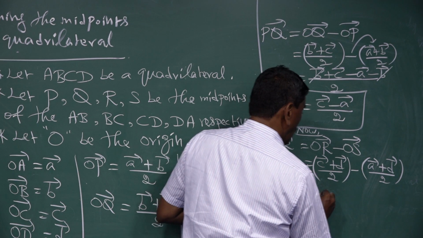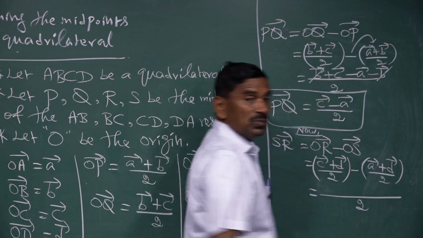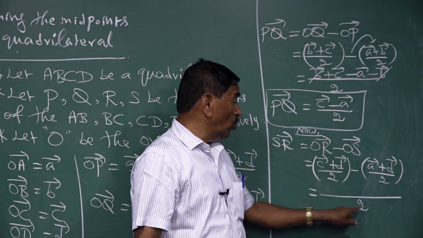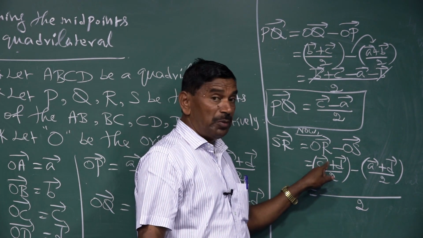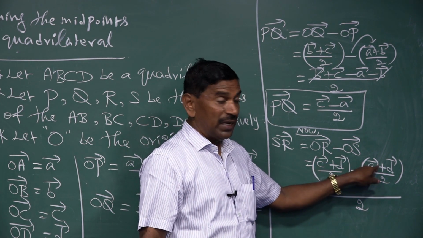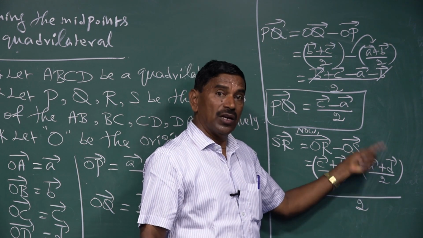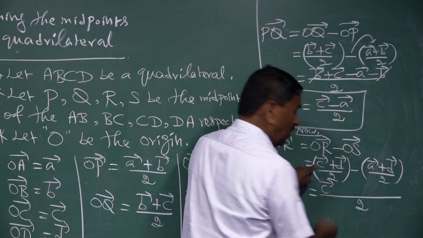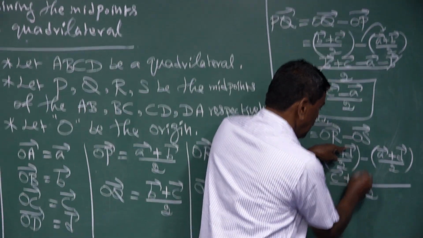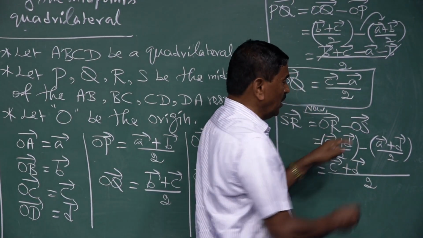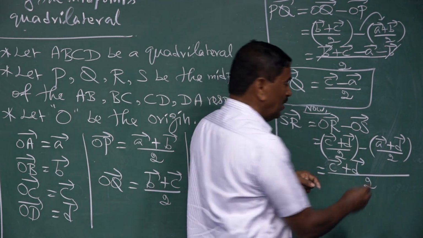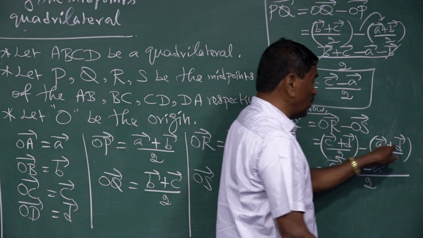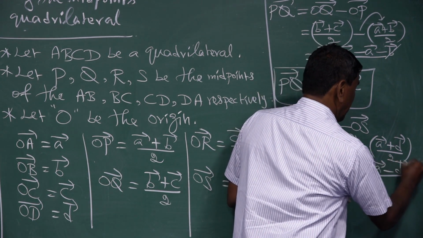Now long divide, LCM 2 divided by 2. Now numerator, 1 2 is 2, 1 2 is 2. Therefore 1 into numerator minus 1 into numerator. Minus going to multiply inside. C vector plus D vector, minus A vector, minus D vector.